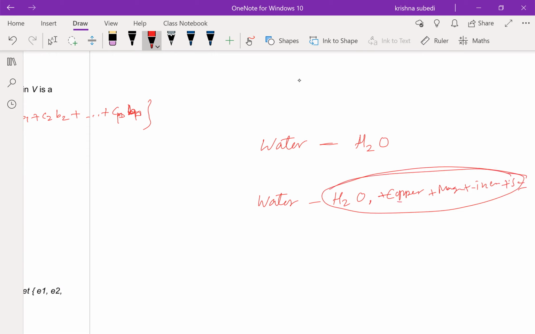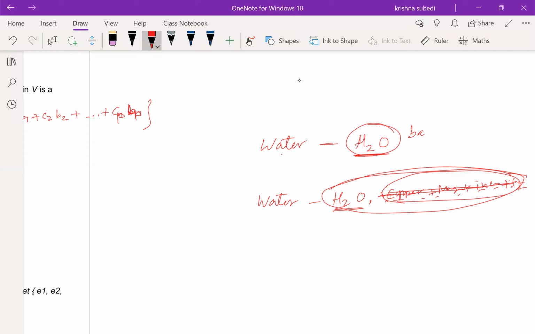The drinking water that we have has so many minerals in it. But even if we delete those minerals and we just have H2O, this is still water. So that means the basis for water is this. That is the efficient one. There is no unnecessary element. These other elements are unnecessary for this to be water. You can add them, no problem.